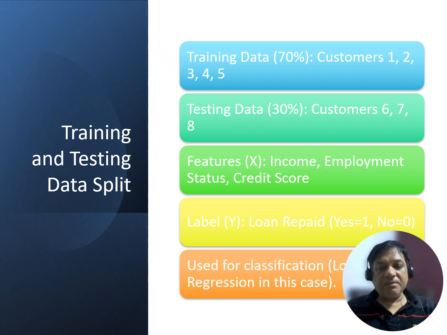Training data 70%, customers 1, 2, 3, 4, 5. Testing data 30%, customers 6, 7, and 8. Features X are income, employment status, credit score, and the label is loan repaid, yes or no. It is used for classification, loan, and not regression in this case.